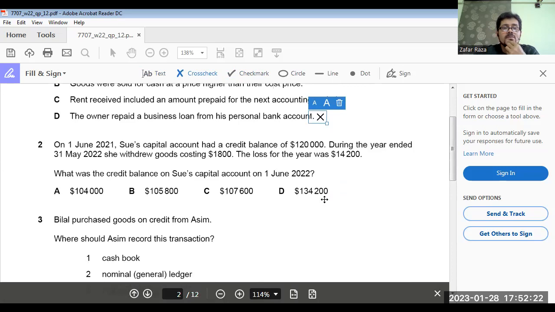Now, number 2. On 1st June 2021, Sue's Capital account had a credit balance of 120,000. During the year ended 31st May 2022, she withdrew goods costing 1,800. The loss for the year was 14,200. What was the credit balance on Sue's Capital account on 1st June 2022? Now, capital at start is given.